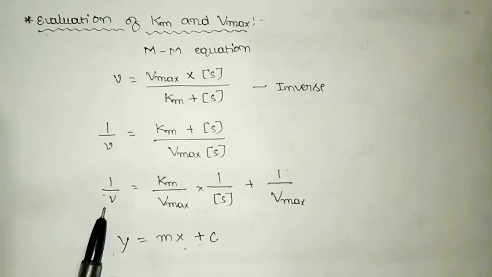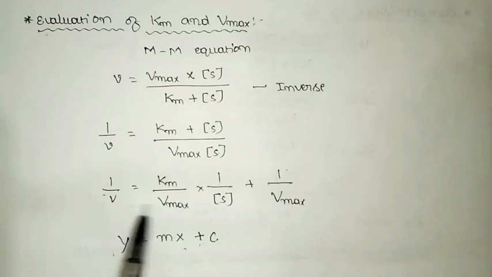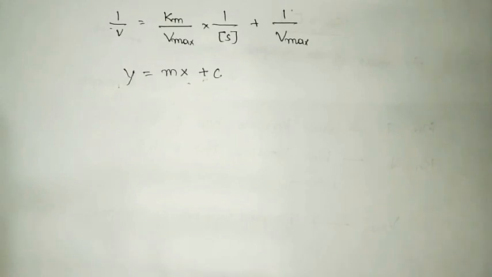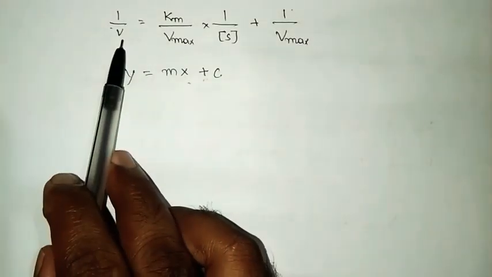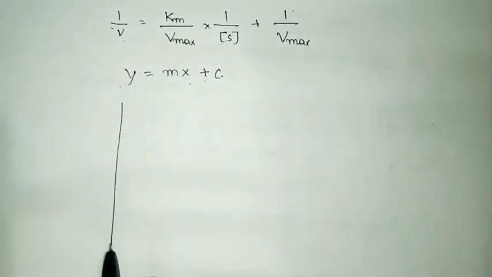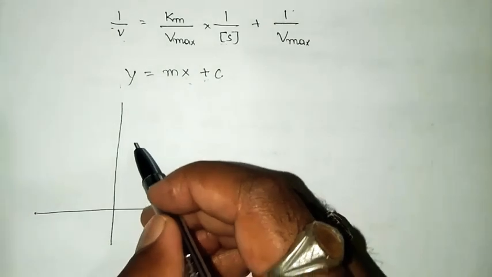So when you plot a graph between 1 by v and 1 by s, that means between the variables y and x, we will get a straight line graph. And now we shall see how that graphical presentation will appear when you plot a graph between 1 by v and 1 by s. So we'll be getting a curve like this.